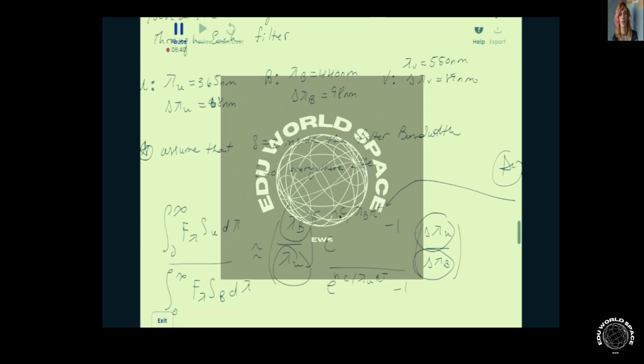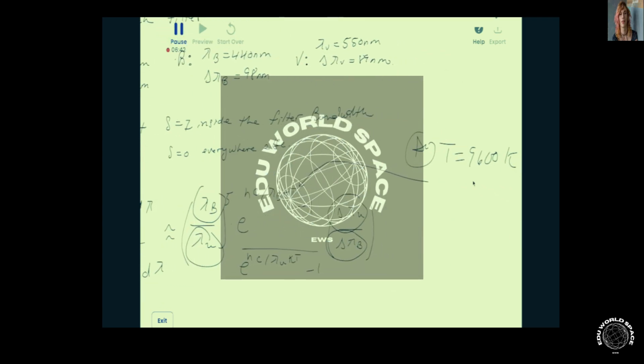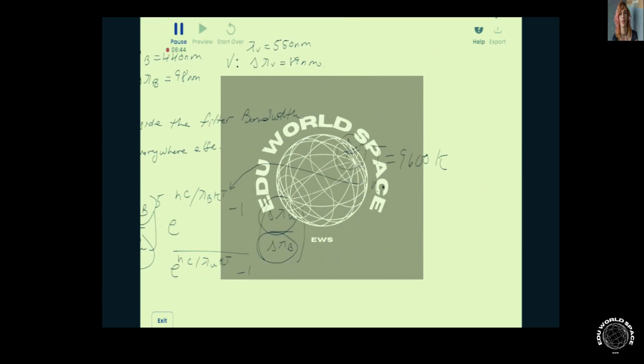Now, what is this h and what is c? Remember that h equals Planck's constant, c equals the speed of light, and k equals Boltzmann's constant.